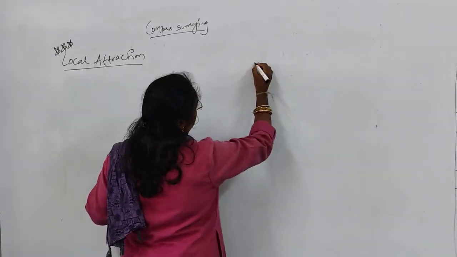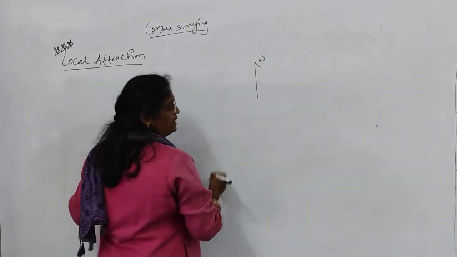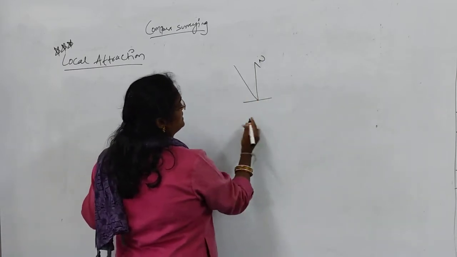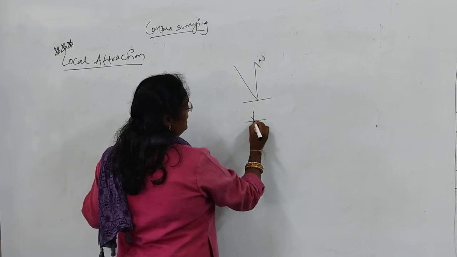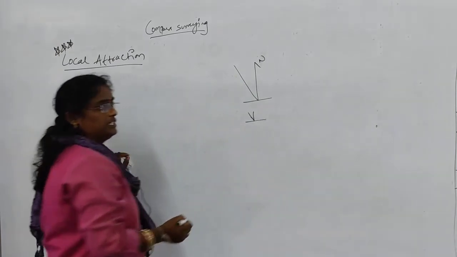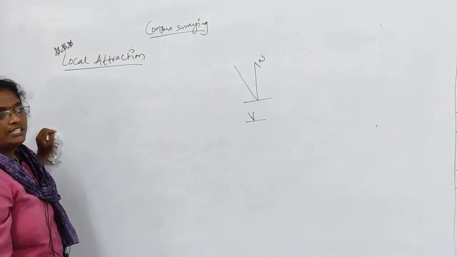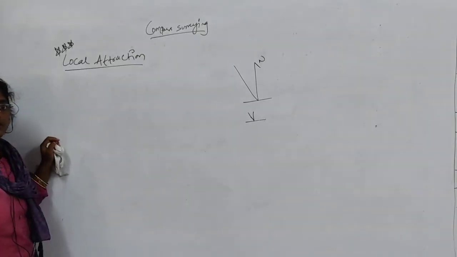It has to show the north, but it will not be showing the north. It starts deflecting from the original position.